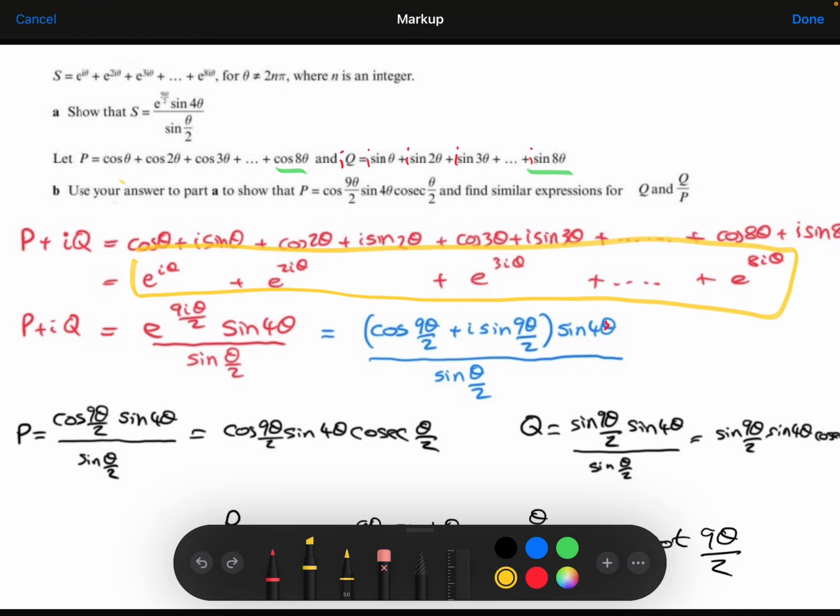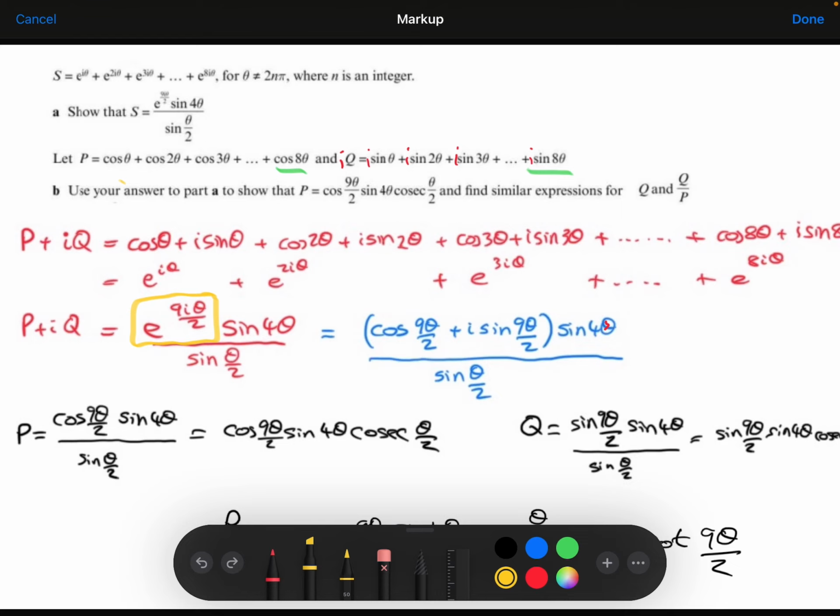So P plus iQ is equal to this. What I've then done is rewritten the e to the 9i theta over 2 in its modulus argument form, so cos 9 theta over 2 plus i sine 9 theta over 2.